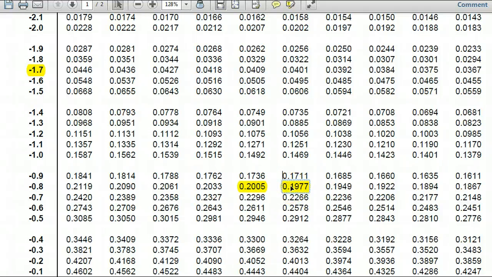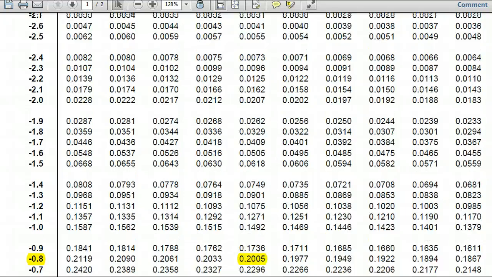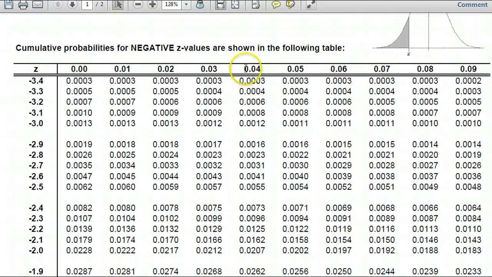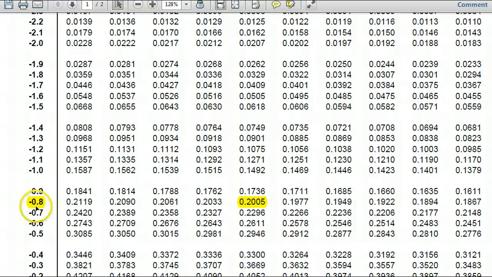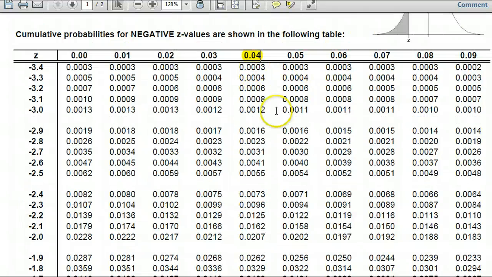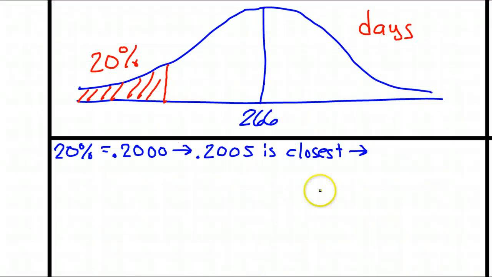So let's go ahead and translate that into a z-score. So looking over here, I've got my negative 0.8, that's part of it. And looking up here, I've got my 0.04, that's the other part of it. If I put those together, that's negative 0.84. So that is the z-score.